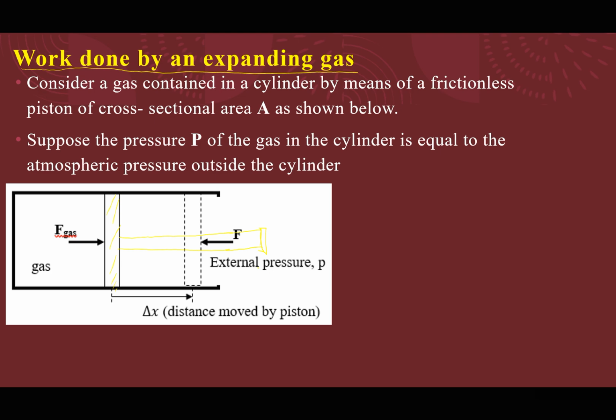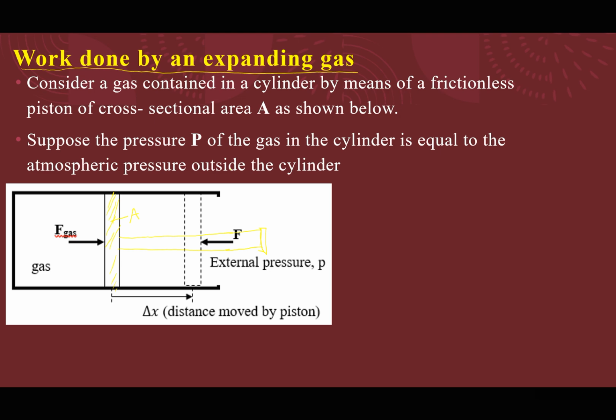So you have a cylinder containing a gas, and the gas is held in the cylinder by a frictionless piston. That means there's no friction between the piston and the wall of the cylinder. And let's say the cross-sectional area of this piston is A.